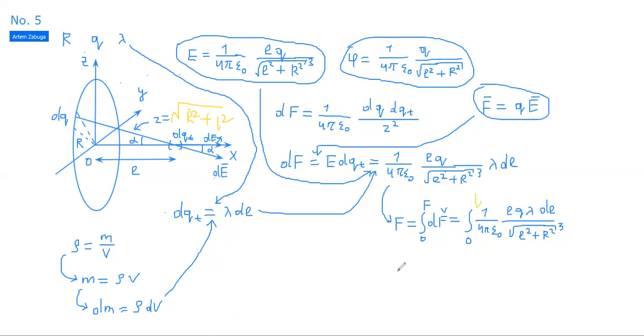Okay, but we don't know the length of the thread, but we know that it is quite long. It means that the thread is very, very long. So how to define a very long thread mathematically?